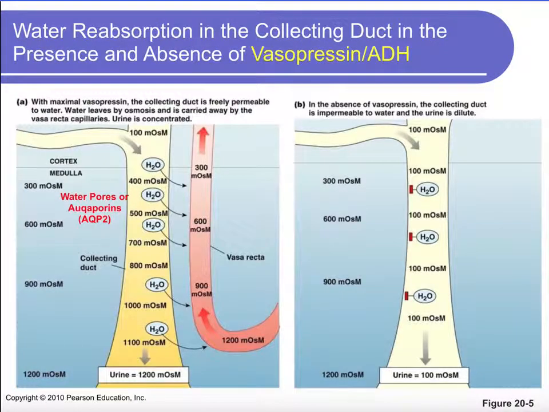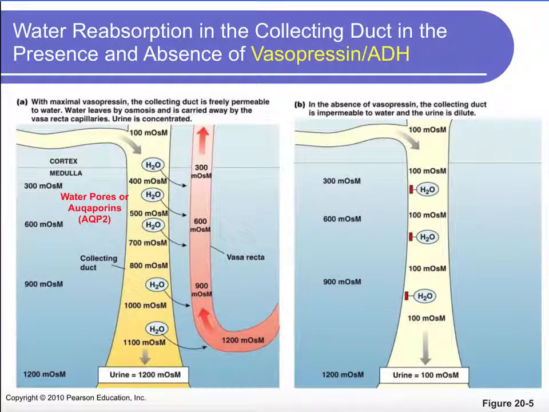Okay, so I said the osmolarity of your urine is really determined by what happens in the collecting duct. So let's take a closer look here. The hormone vasopressin is going to play an important role. So vasopressin we've talked about before. It's also known as ADH or antidiuretic hormone. It's released by the posterior pituitary, and it acts here in the collecting duct.